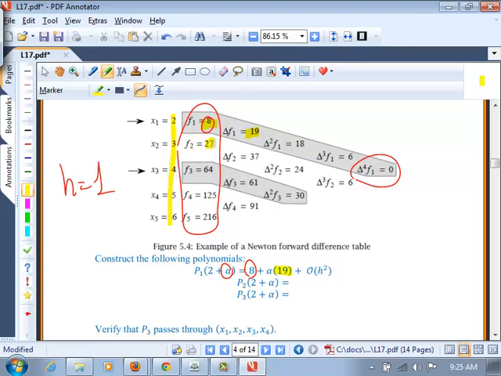Around the same reference point, what will you write? 8 plus alpha times 19 plus alpha times alpha minus 1 over 2 factorial. It's not alpha squared. Remember, that formula is what you have to deal with, times the delta square, which is 18. I think you get the idea, so you can write the next one.